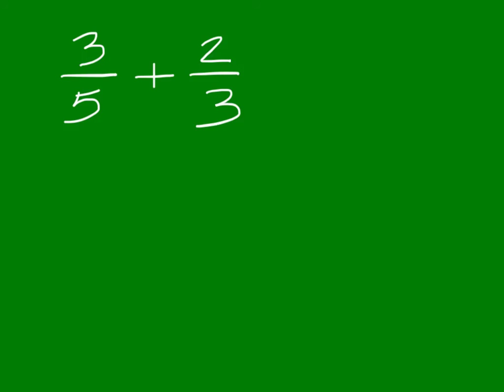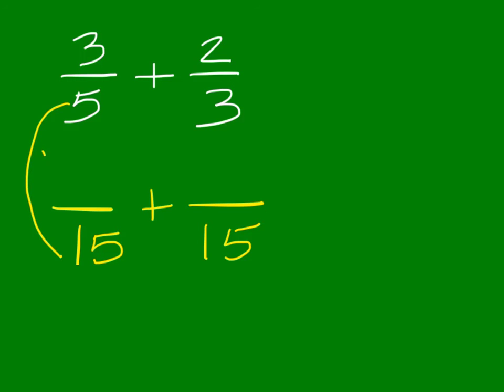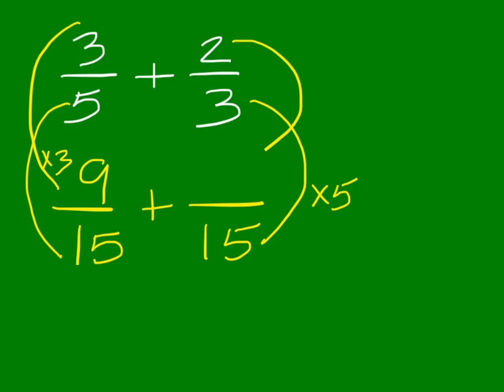The least common multiple between 5 and 3 is 15. And what I would have to do to 5 to get 15 is to multiply by 3. So I have to do the same thing up here. 3 times 3 is 9. 3 times 5 is 15, so 2 times 5 is 10.